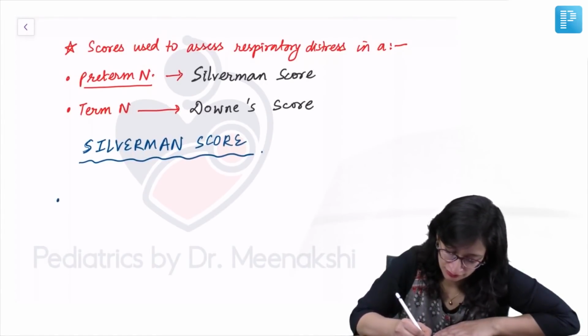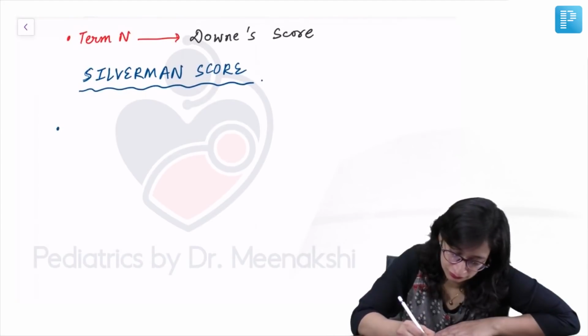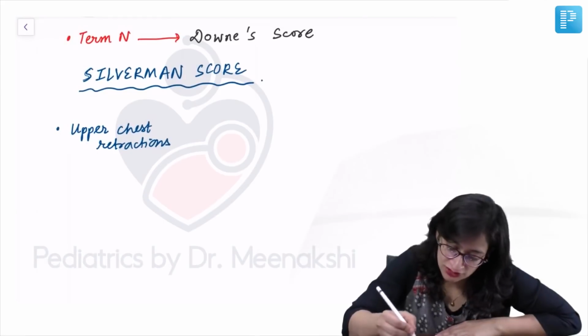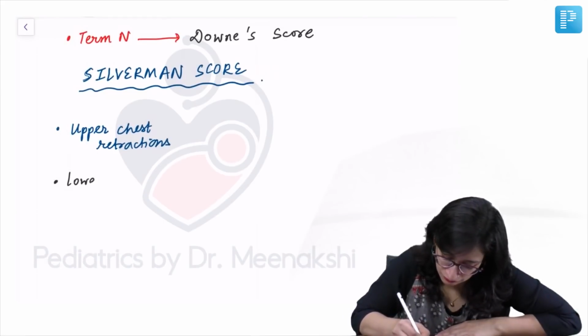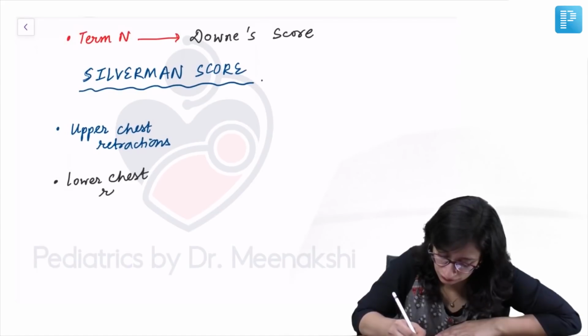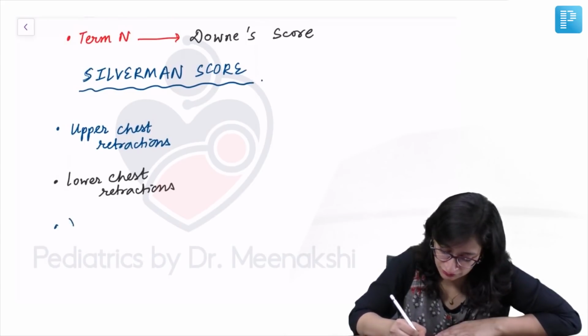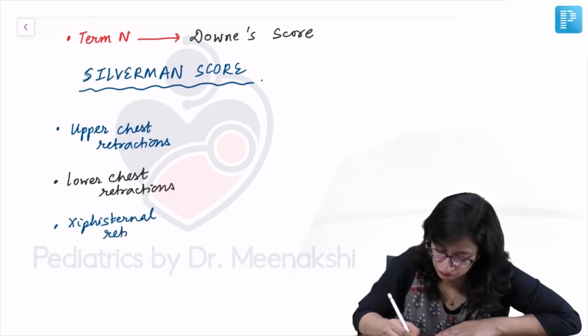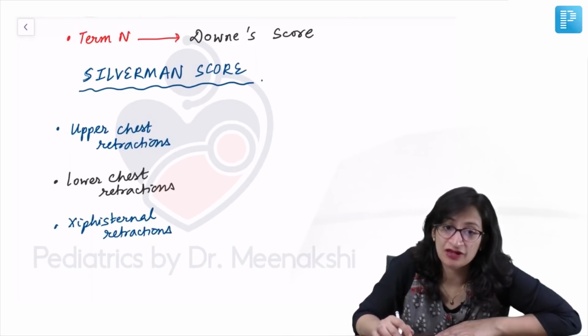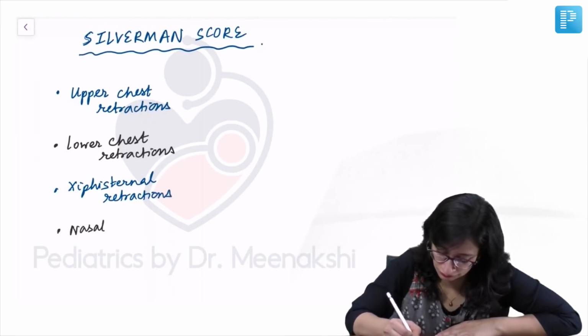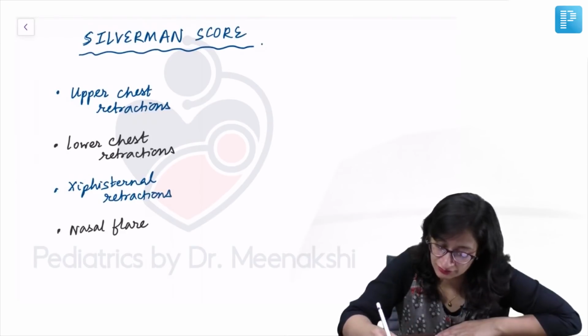So the components are upper chest retractions, lower chest retractions, xiphisternal retractions, nasal flare, and grunt.